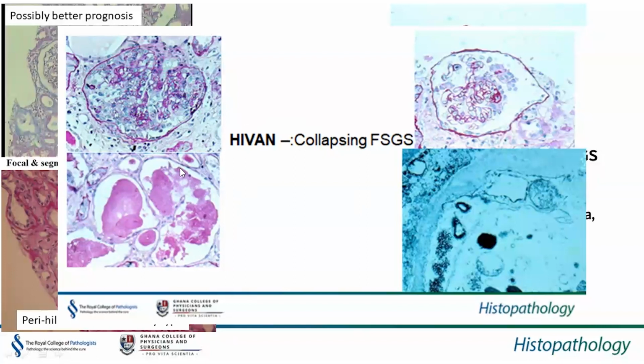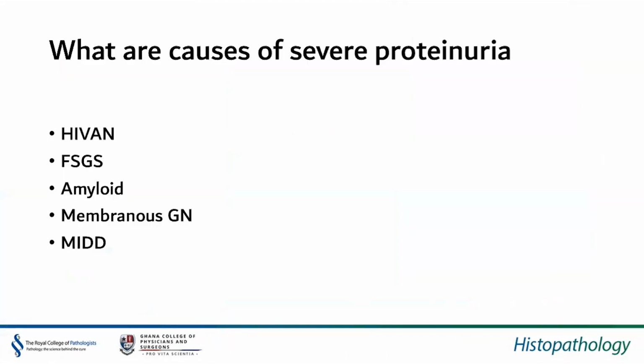So you have tubular microcysts, and these cysts contain large pale staining casts. On electron microscopy, you may have these tubuloreticular inclusions within the cytoplasm of the endothelial cells, and these are thought to represent footprints of the virus.